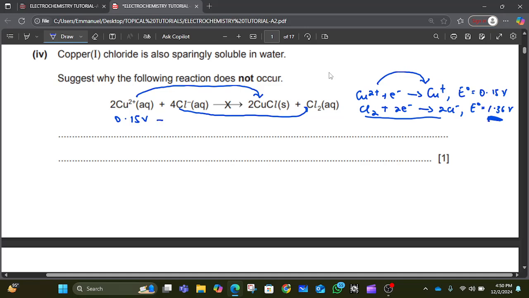So that will be minus 1.36 volts, and this gives us negative 1.21 volts. This value is very negative. And so remember, when the electrode potential value of the cell is negative, it means that the reaction is not feasible or not likely to occur.